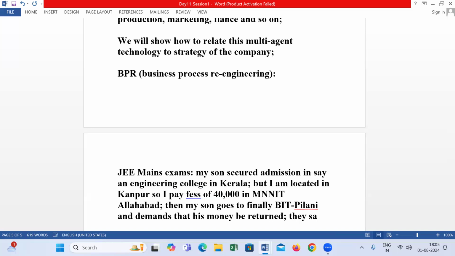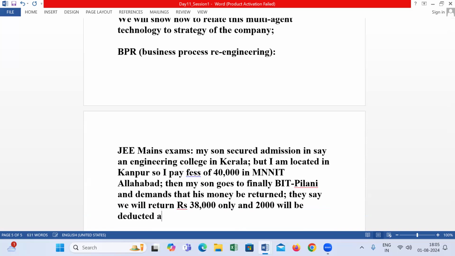They say it will return fees 38,000 only, and 2,000 will be deducted as processing fee.